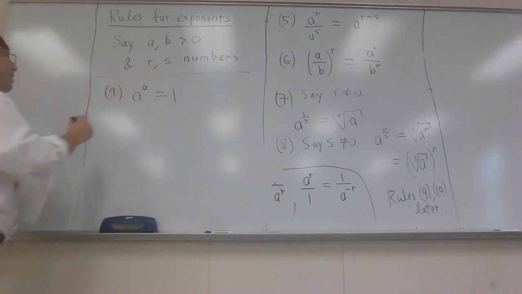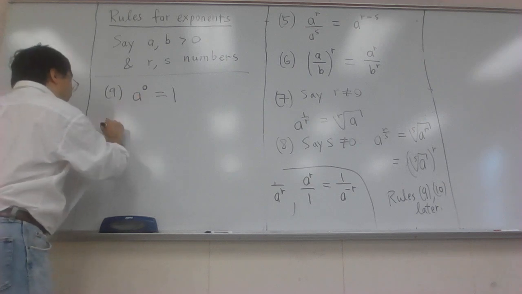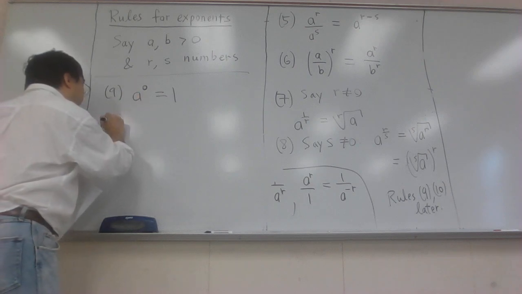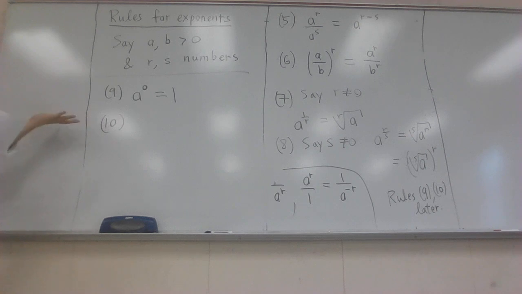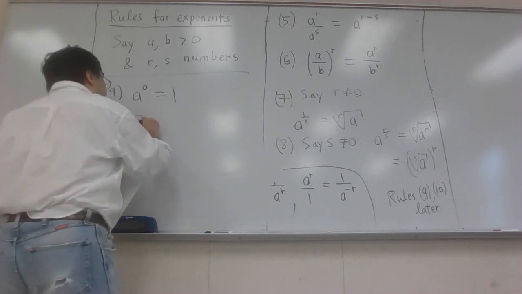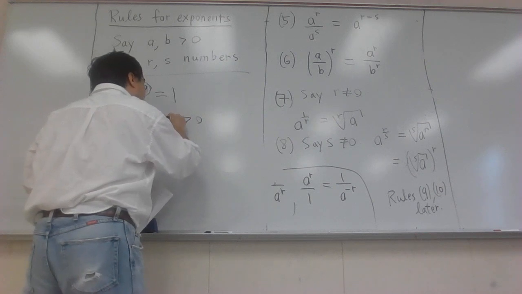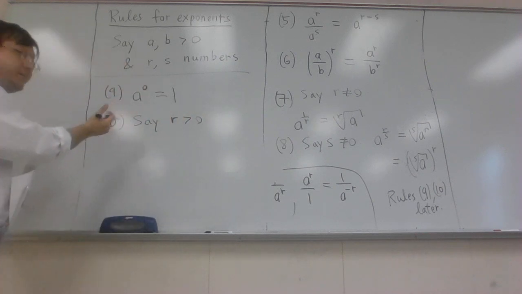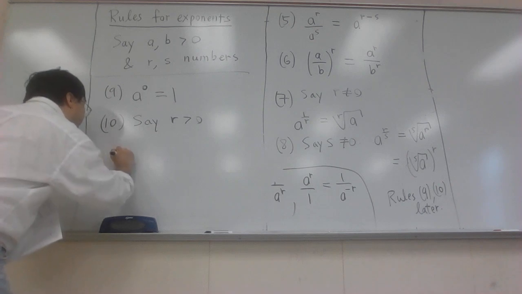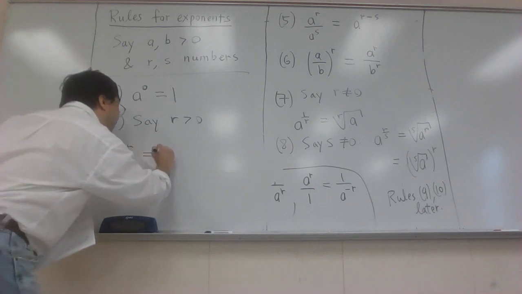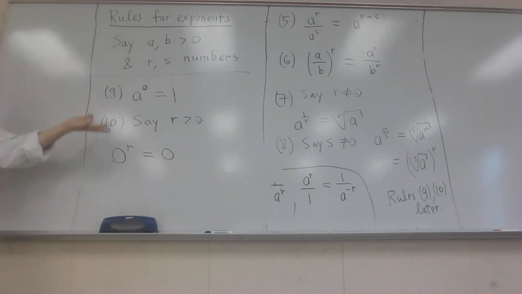That's rule 9. And rule 10 says that if the number r is strictly positive, then 0 to the power of r is 0. Basically, 0 to the power of anything strictly positive is 0.